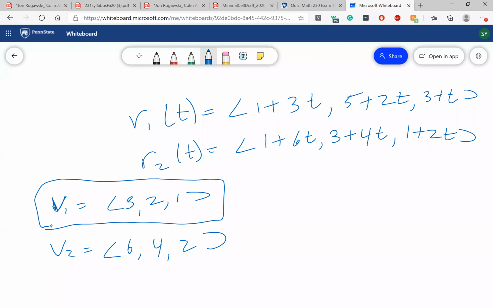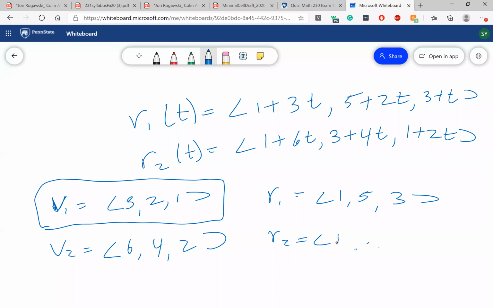And let's find a point in r1. The easiest point to choose is just r1 at 0. I generally call it r0, I just changed it a little right now. It's the point 1, 5, 3. Now, what is r2 at 0?